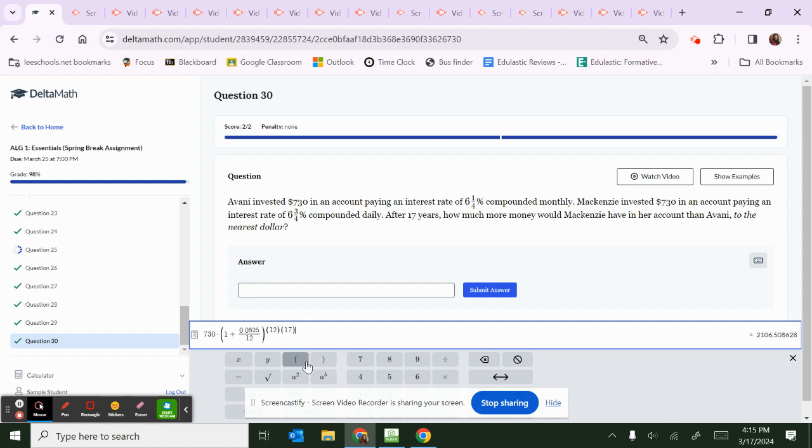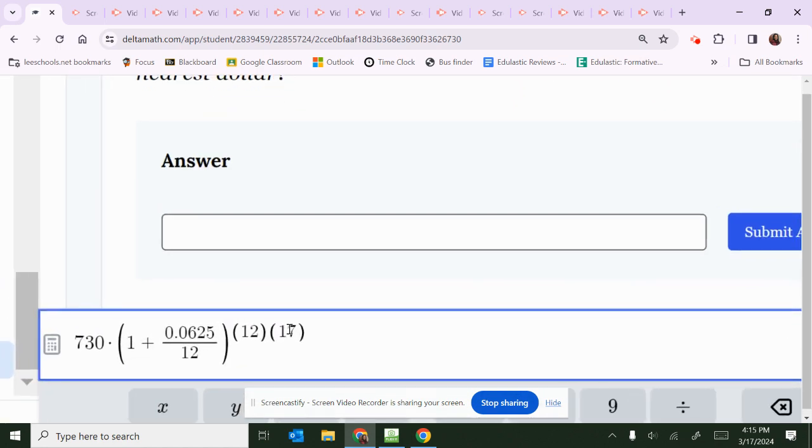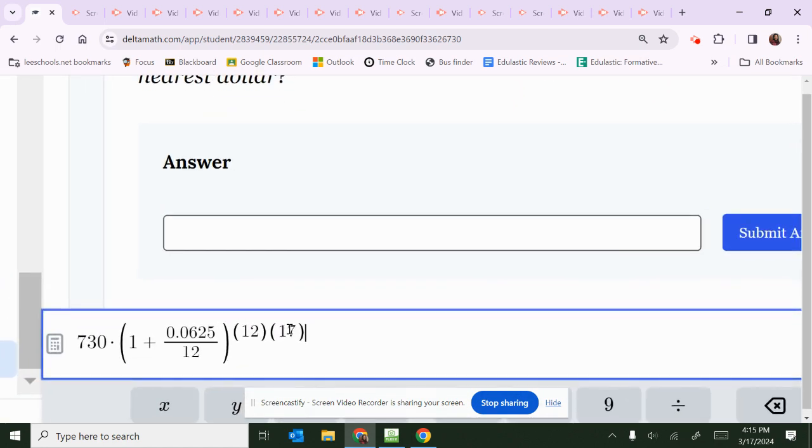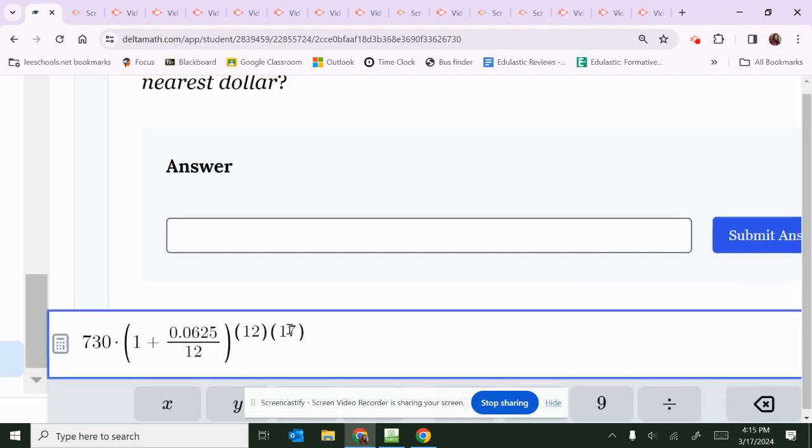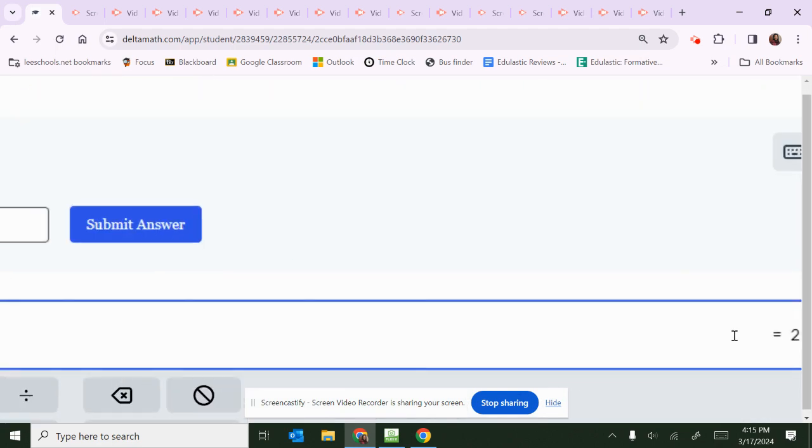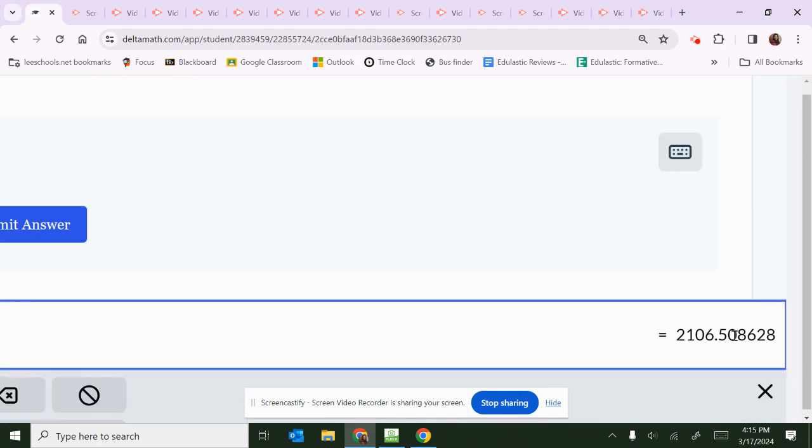All right, so both of them in different parentheses. Zoom it in just so you can see accurately. All right, so I got 2106.508628. All right, write out everything, guys. Write every single thing that you see.